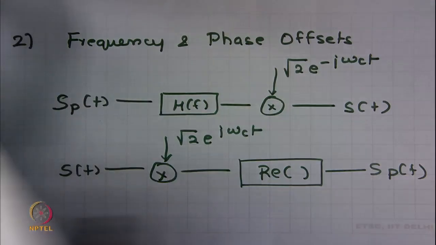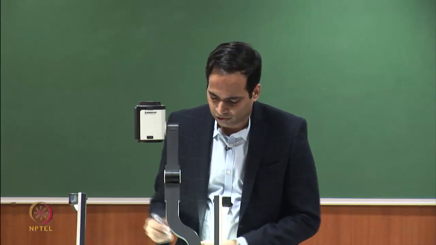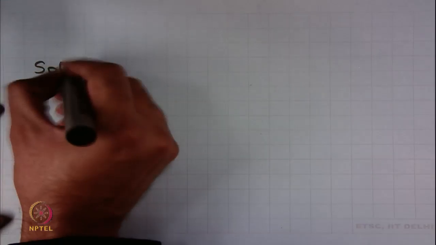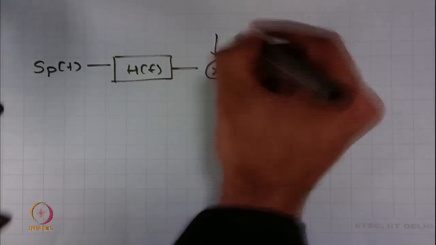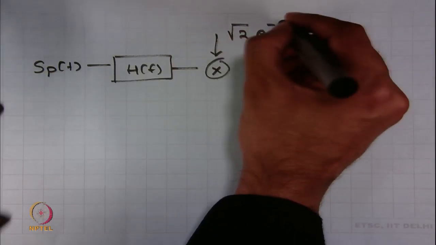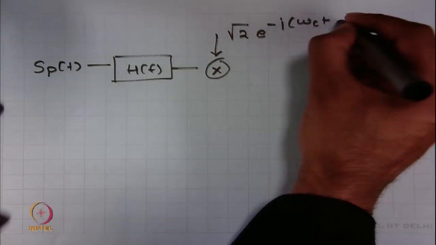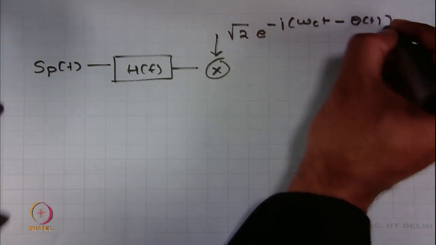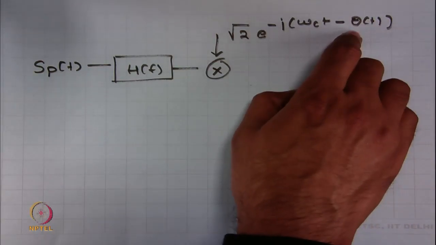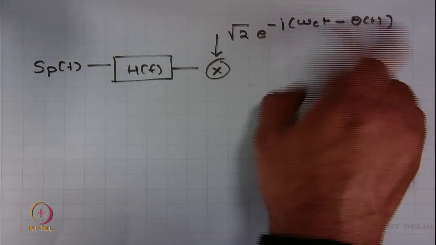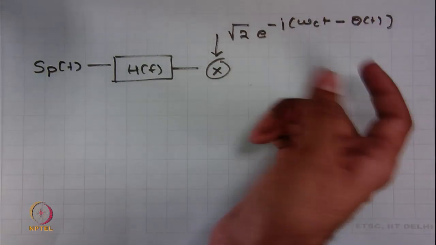So, let us now assume that we have a situation in which we have SP(t), we pass it through a Hilbert filter, that is good, but at this multiplier what we have is e to the power minus j (omega c t minus theta(t)). Okay. So, this theta(t) would take care of any differences in the frequency and phase of this carrier with respect to the carrier that we used at the transmitter.